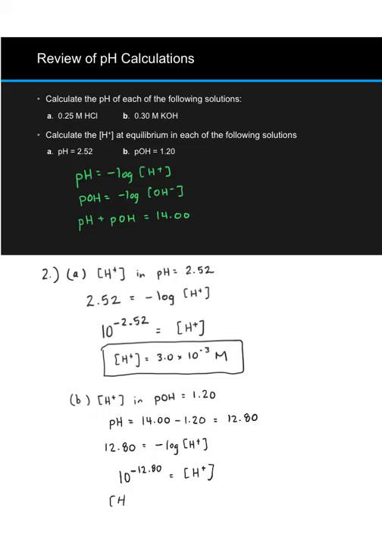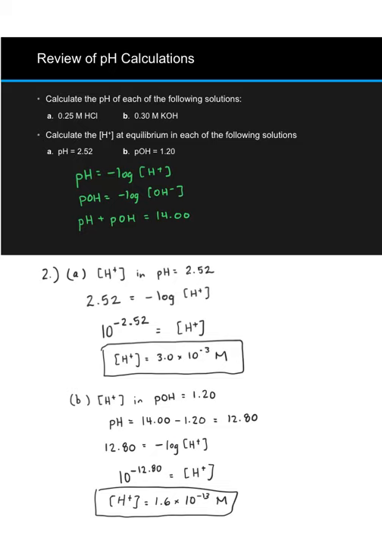Or, again, if we punch this into our calculator, we get 1.6 times 10 to the minus 13 molar. That's 0.00000000000016.